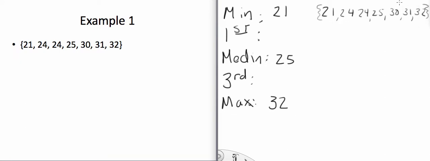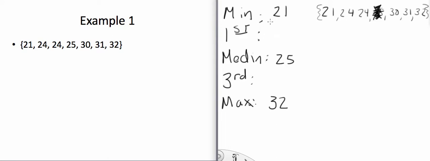When we're looking at the first quartile and third quartile, what we do is we take that median value that we found and we remove it from our data set. So this median is now gone. Now we have split our data into 2 halves. I now have these 3 numbers here and then these 3 numbers here.